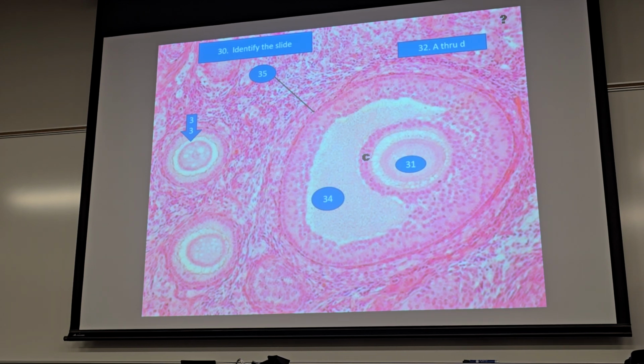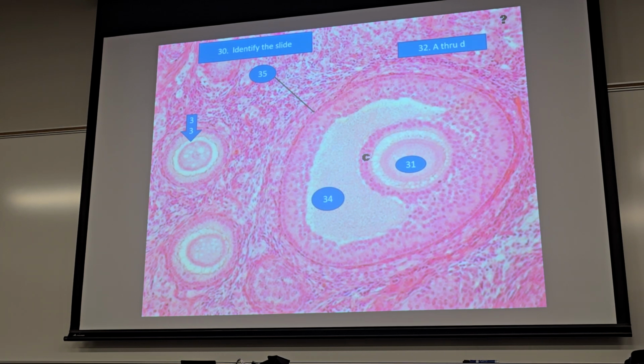The next one is the primary follicle. And the primary follicle is surrounded by what? Simple cuboidal epithelium. And the secondary follicle is covered by stratified cuboidal, yes, it's multi-layered. So you'll see a single layer for primary, and then you'll see a double layer of cuboidal cells for the secondary, and obviously for the tertiary, you're gonna see an antrum.